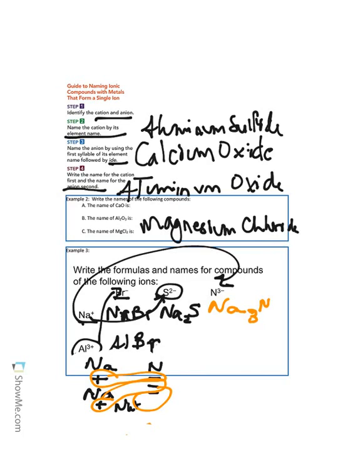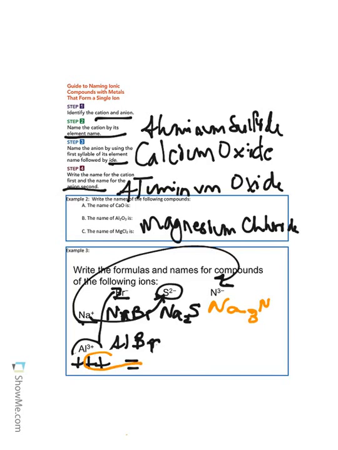Okay? How about our aluminum and our sulfur? Right? We have a +3 and a -2. So we have 1, 2, 3 and 1, 2. These 2 cancel, right? We need another negative.